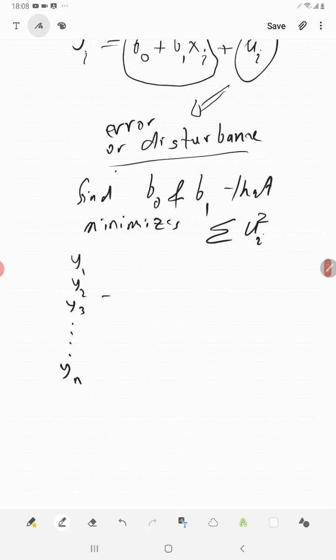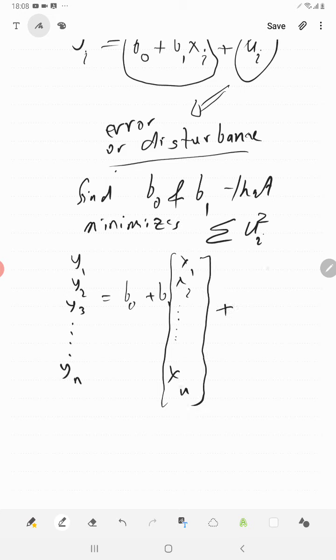Okay, when we say yi, it means that we have y1, y2, y3 until yn, is equal to b0 plus b1 times x1, x2 to xn, plus u1, u2, un. So these are measurements.